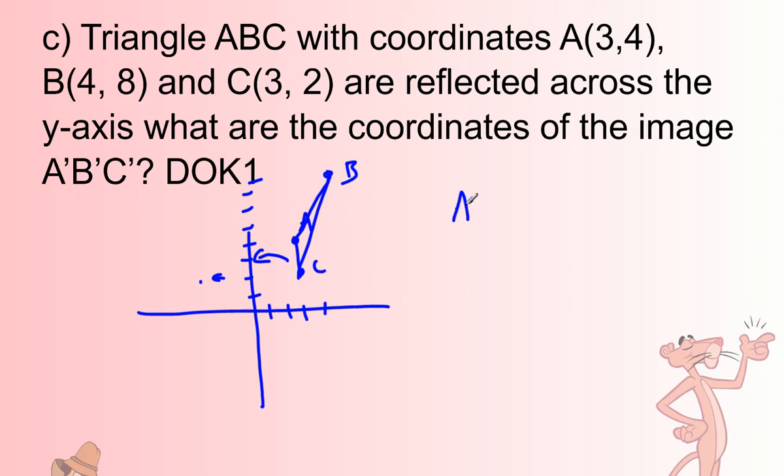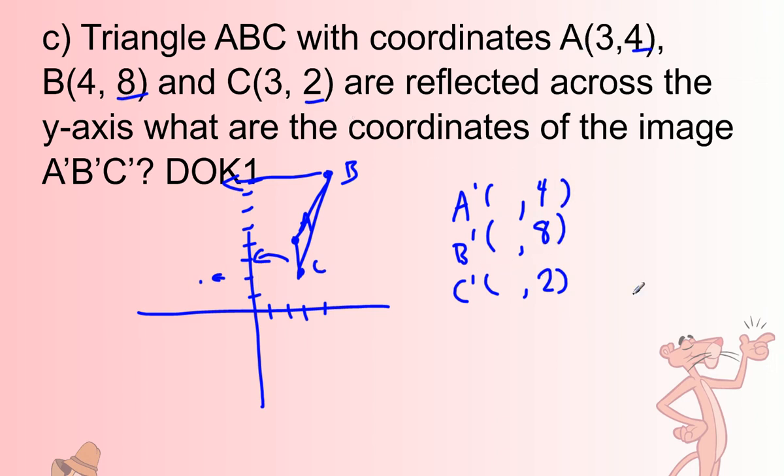I know the y values are going to stay the same, because all I'm doing is moving this point that way. It's not going up or down at all. So B has a y value of 8, C has a y value of 2, A has a y value of 4.